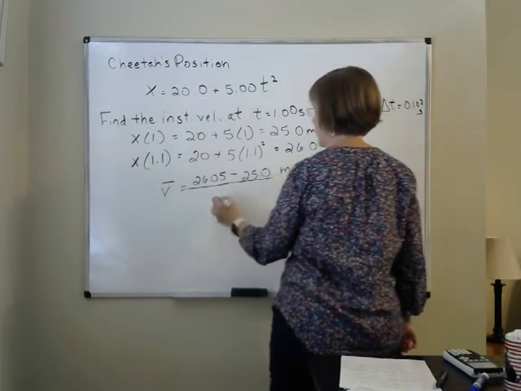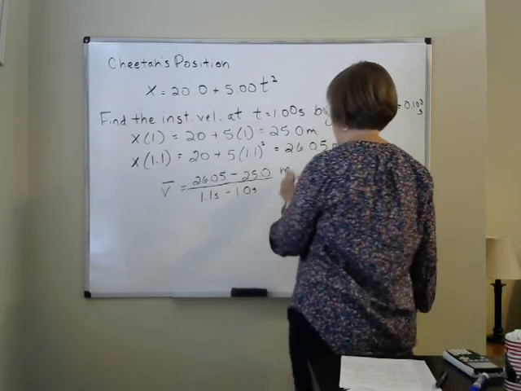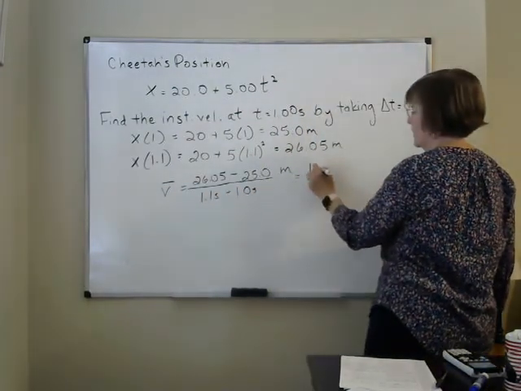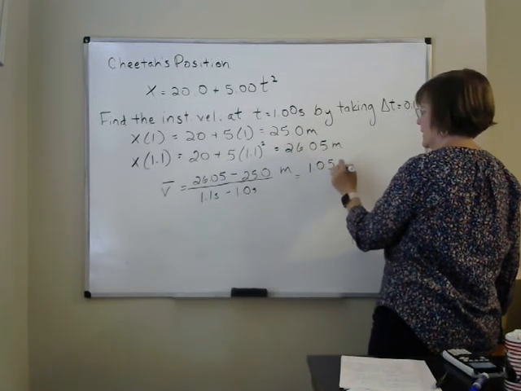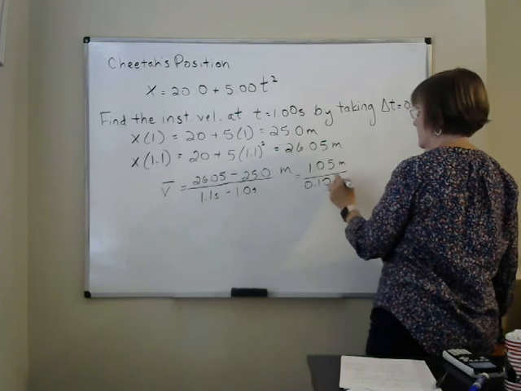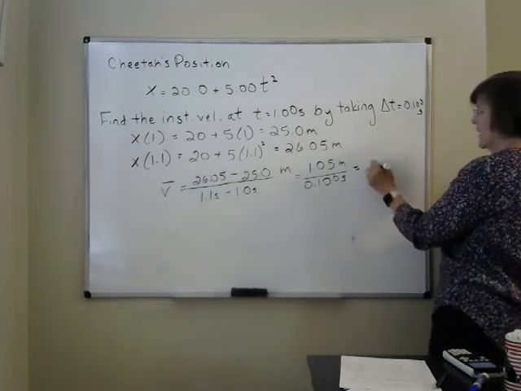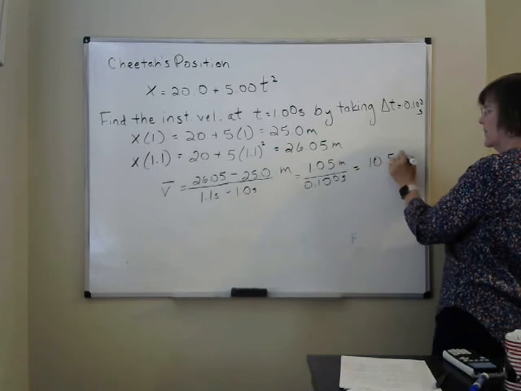My time interval was 1.1 seconds minus 1.0 seconds. So I end up with 1.05 meters over 0.10 seconds. When I divide that, I get 10.5 meters per second.